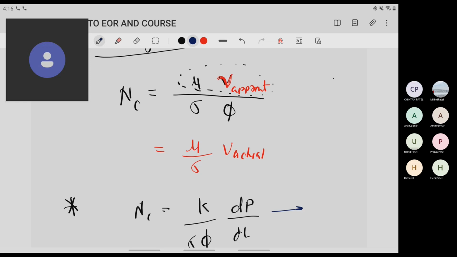Based on the formula, you can answer it. Answer it, it's easy. Hello? Yes. What should be the value for better recovery, higher capillary number or lower capillary number? It will depend on viscosity and velocity, right? Suppose we take a low capillary number value, then according to that the viscosity is lower and the velocity will also decrease.